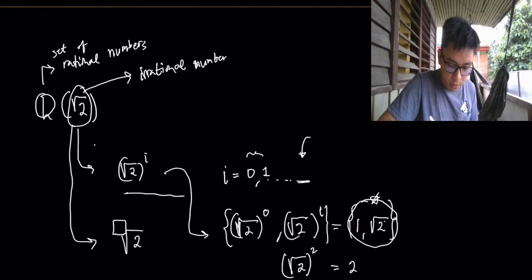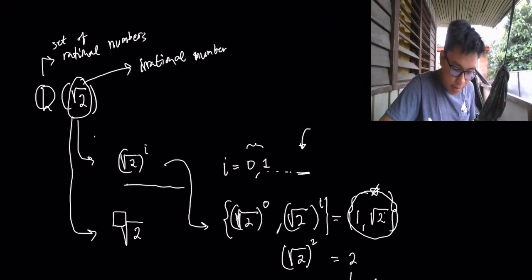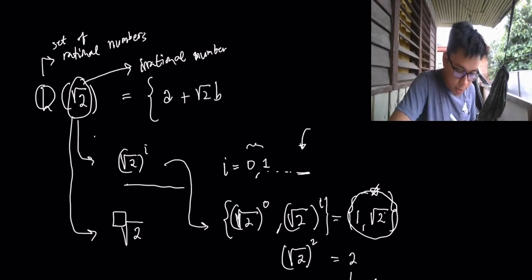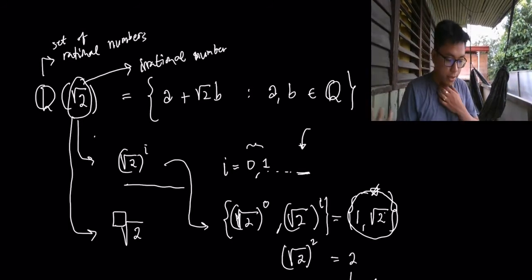So it's pretty basic that the basis of Q of square root of 2 is this one here. Now that we know the basis, the set Q of square root of 2 consists of elements of the form a plus b square root of 2, where a and b are elements of the rational numbers, because you're extending the set of rational numbers.